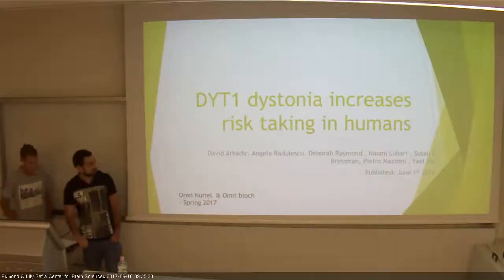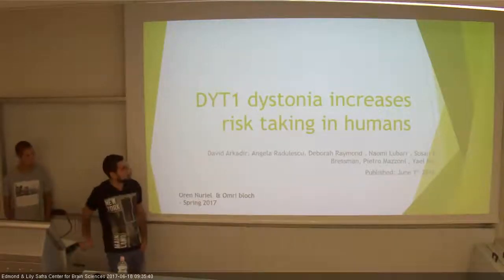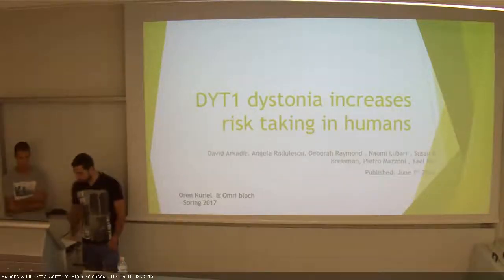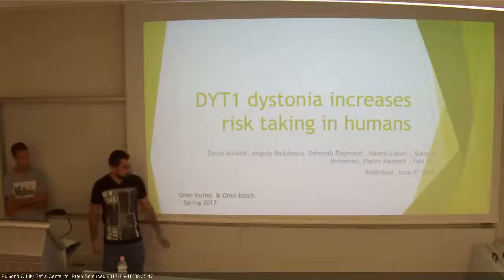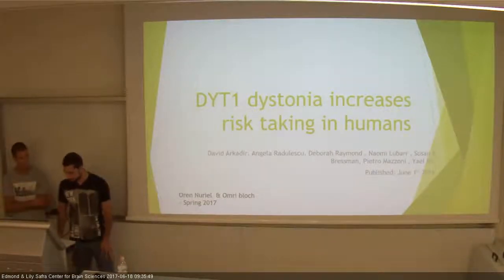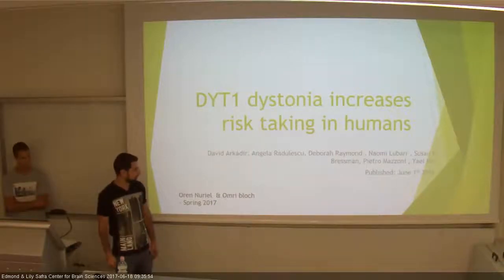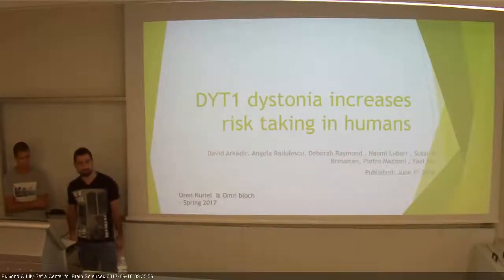Alright, so like you said, we're presenting an article about DYT1 dystonia and how it increases risk-taking in humans. It was written by David Arkadir and Yael Niv, who learned here in LSAC a couple of years ago.